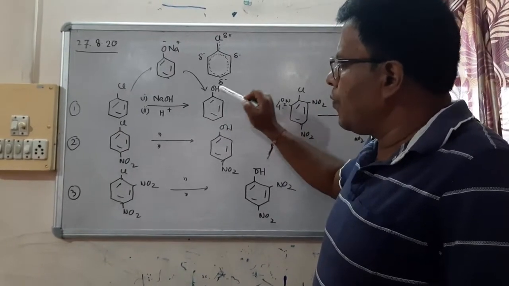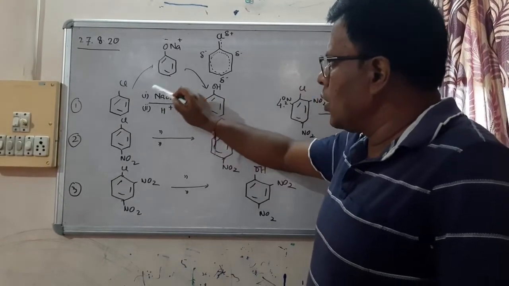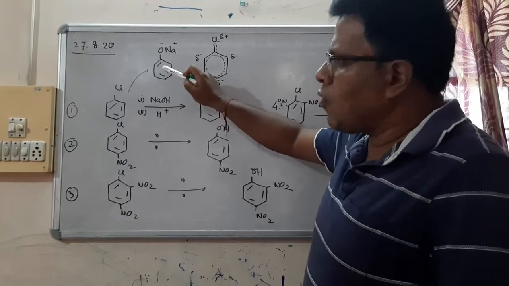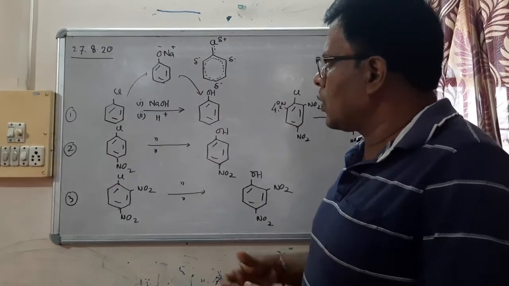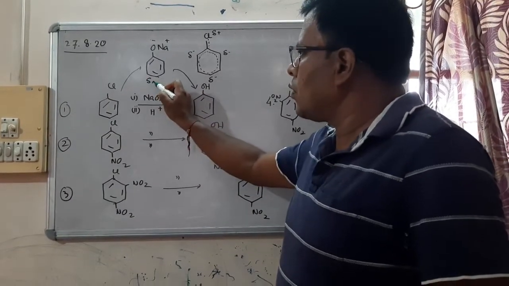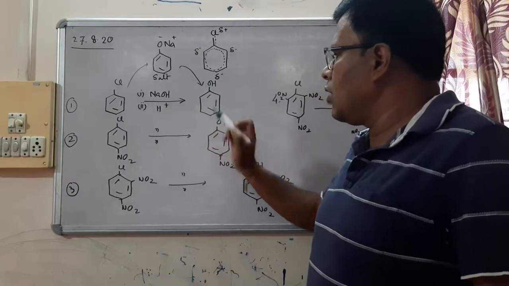It is an acid. And here in the reaction medium we are using a base. So this compound initially will exist in the form of salt, and that salt on acidification, the second step, will give us phenol.